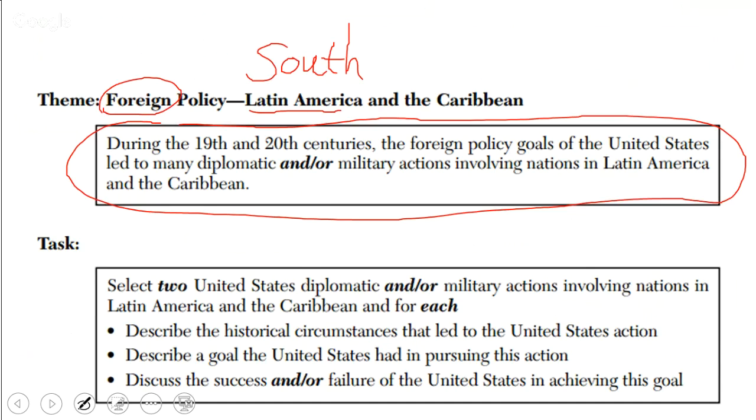So here, when we are talking about diplomatic, it means you are representing your country to negotiate with another country, right? And military, we know, means sending armies. And every time they talk about Latin America, it's about South America.